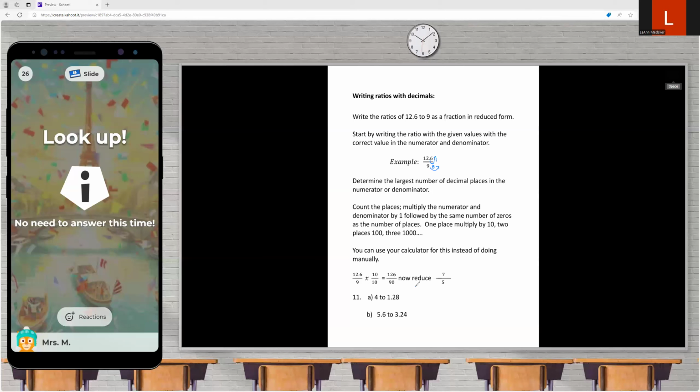So let's look at this one. So this would be 4 to 1.28. Now we have that decimal. So we're going to move that 2 places to the right to make it a whole number. We need to do the same thing on top. So we'll have to add 2 zeros. So we have 400 over 128. And we will need our calculator for this one. I believe they're both divisible by 4, but possibly something bigger. So 400 divided by 4 is 100. 128 divided by 4 is 32. So yeah, they're divisible maybe by 16.